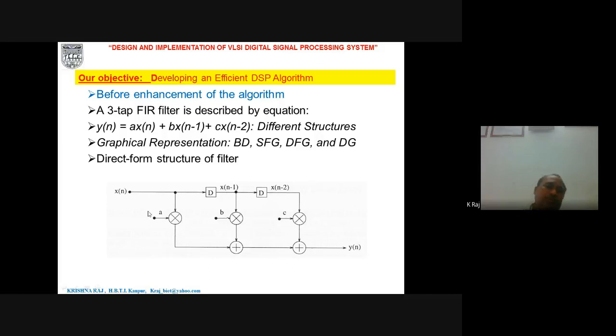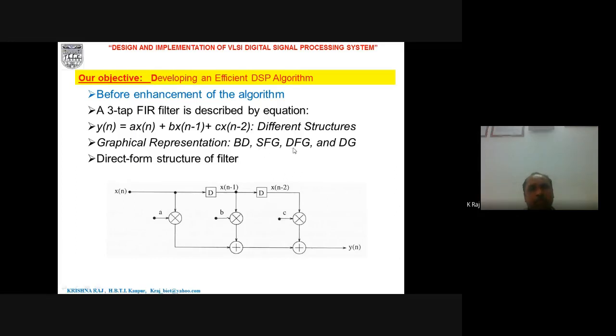Now this can be represented using the block diagram. This is the block diagram representation, and we can also represent it graphically using other approaches like the signal flow graph, data flow graph, and dependence graph. We know that the block diagram represents the architecture of the algorithm. Signal flow graph gives the information about the flow of the signals or the information.